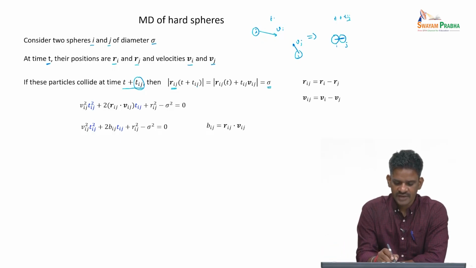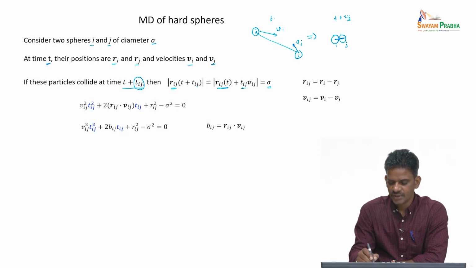Then we can write that the separation distance Rij at t plus Tij is the original distance between them, that is Rij, plus the duration times the relative velocity Vij. This should be equal to sigma.